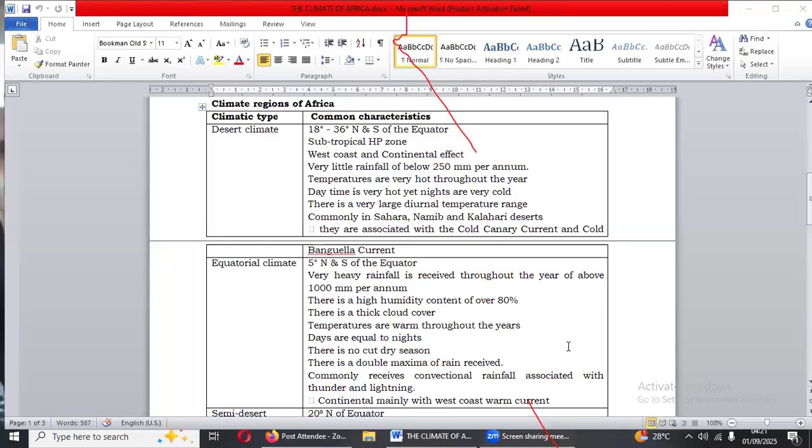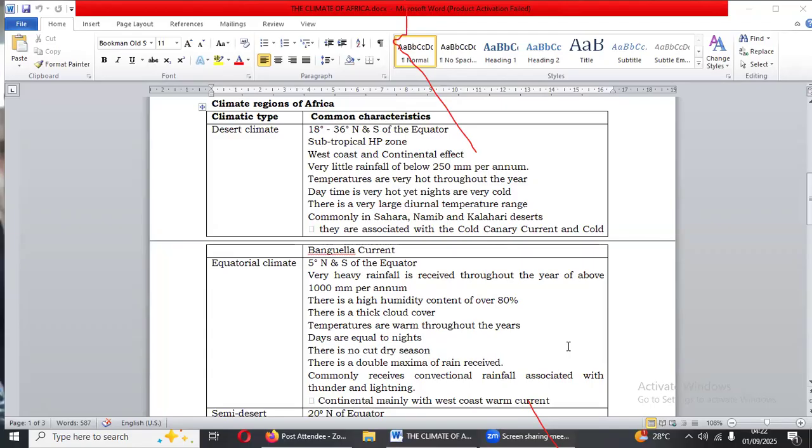Members, there are some specific words that we normally use in geography. For example, little rainfall, high amounts of rainfall. We are having low temperatures, high temperatures, but don't tell me that we are having big temperatures. Temperatures cannot be big. Temperatures cannot be heavy.